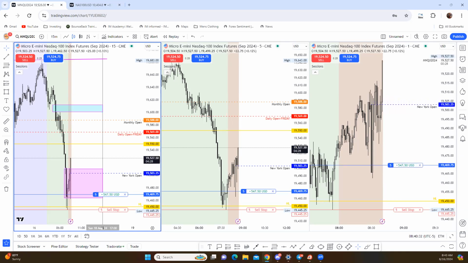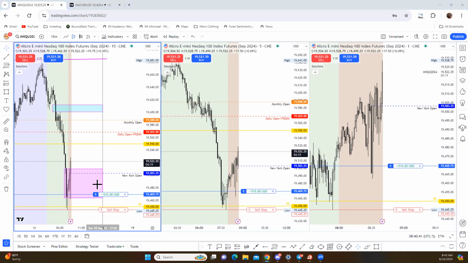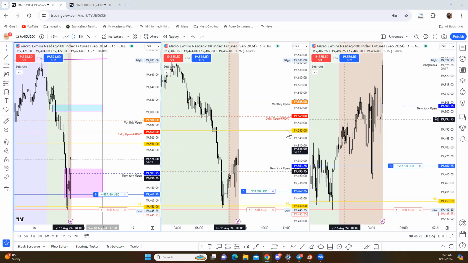Okay, so it looks like we're going for HOD. ES is really, really strong. So it's looking pretty good. So that's a really good break, right, out of the area.